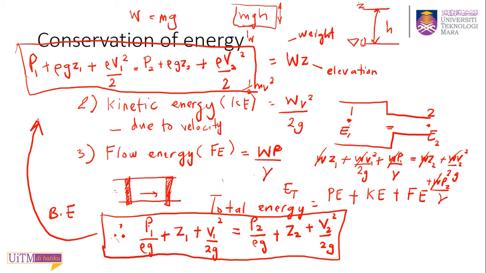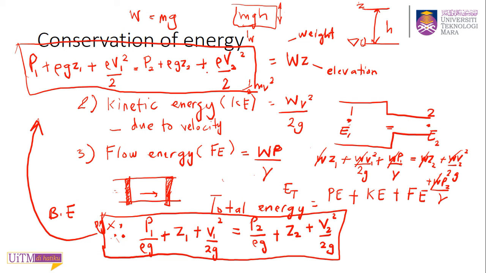So this term, if you multiply by rho G, that's why you are only left with P1. And for Z1 you have rho G Z1, and for kinetic energy you have rho V1 squared over 2.